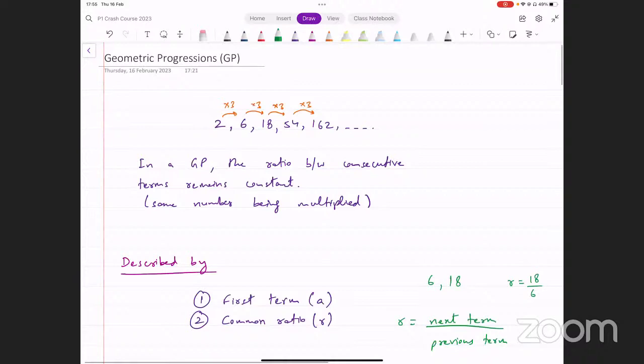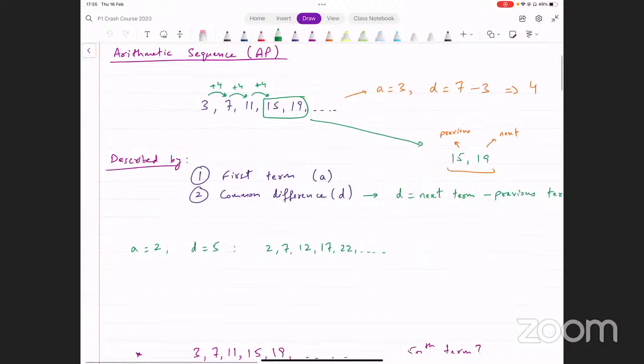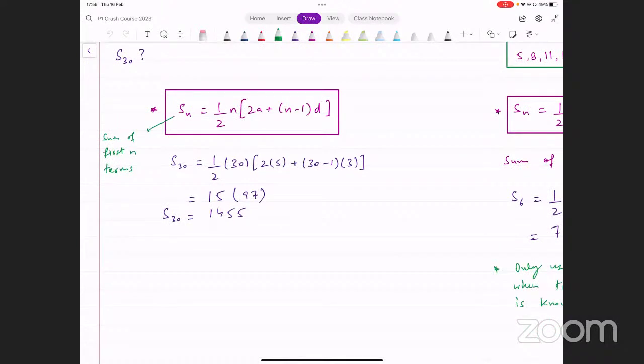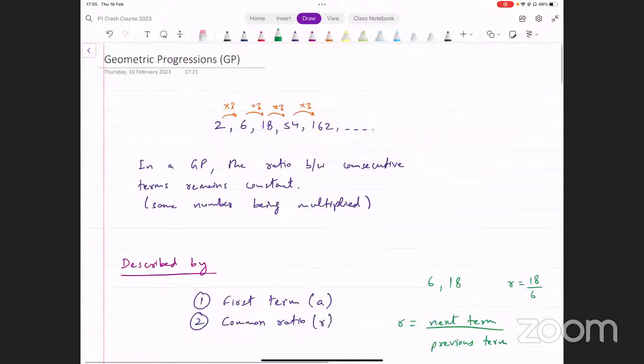So what have we done until now? We've talked about term formula for an AP, some formulas for an AP. We have 2 formulas, one here and another here. And then we've done some variations of them and examples of them. Then we've done 2 formulas for a geometric progression. Geometric progression is defined by A and R, first term and ratio. This is the term formula, and this is the sum formula.